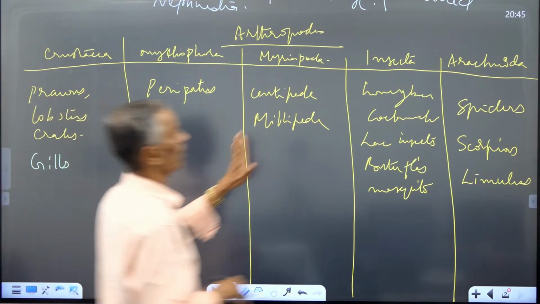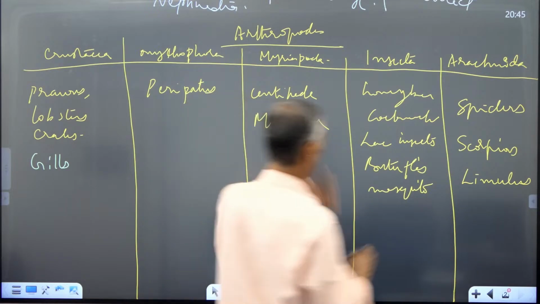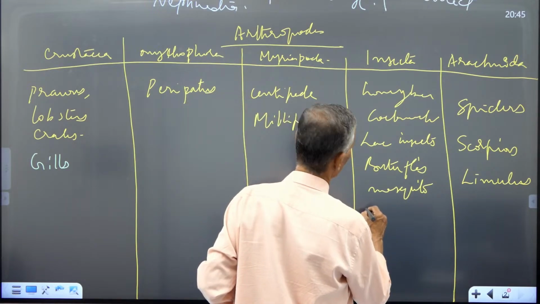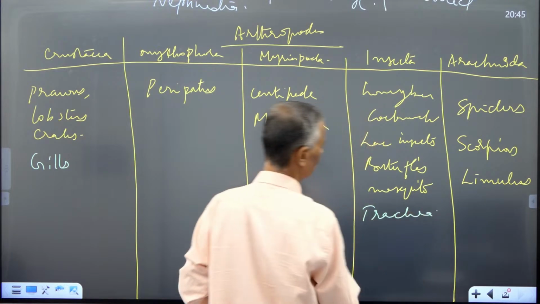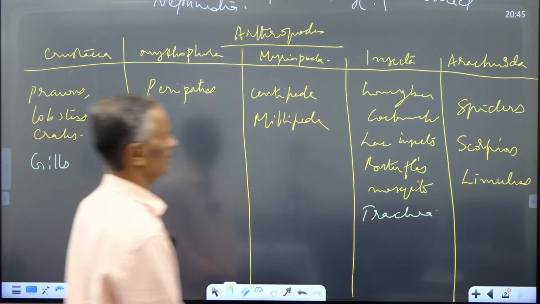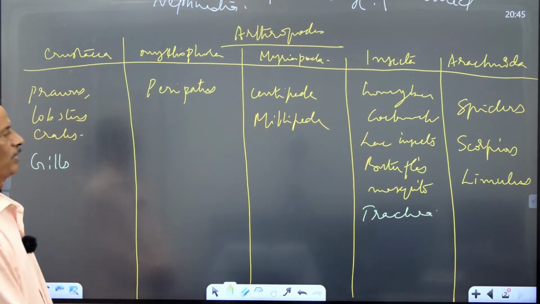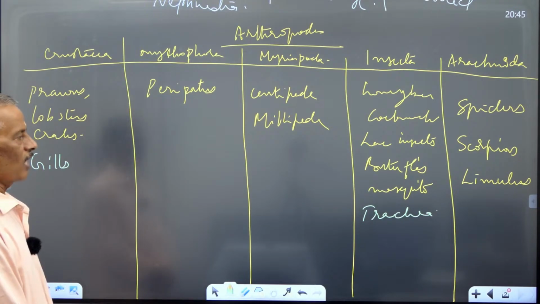In myriapoda, insecta, etc., you are having tubes called trachea. They are helping in breathing. So gills, trachea.